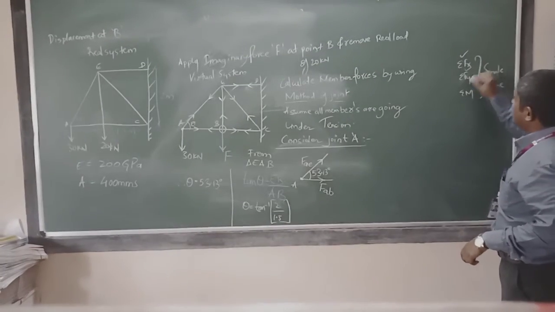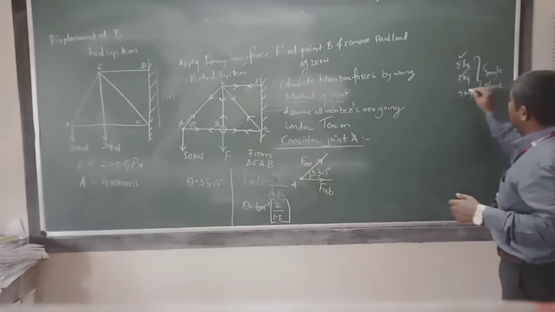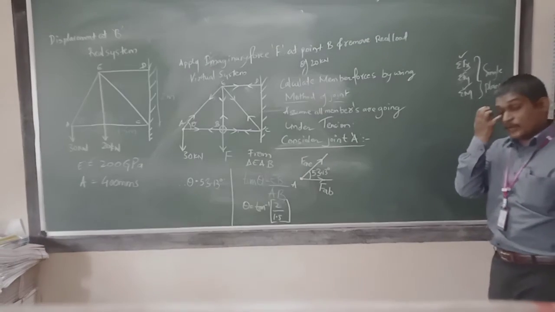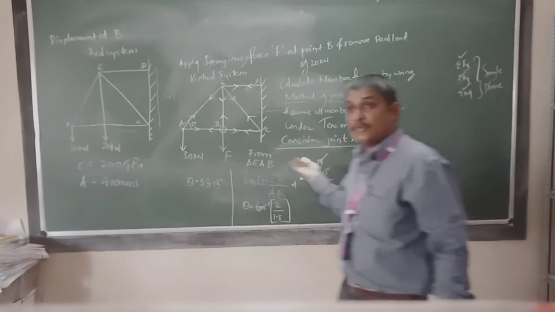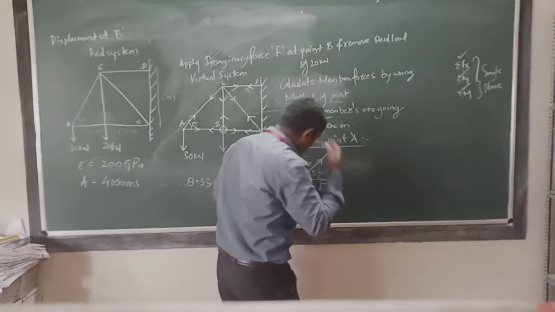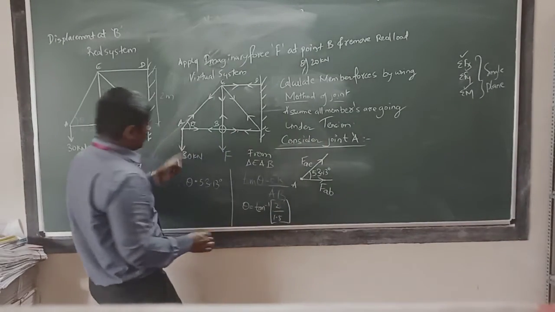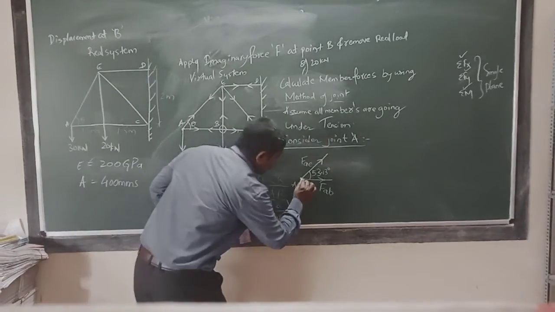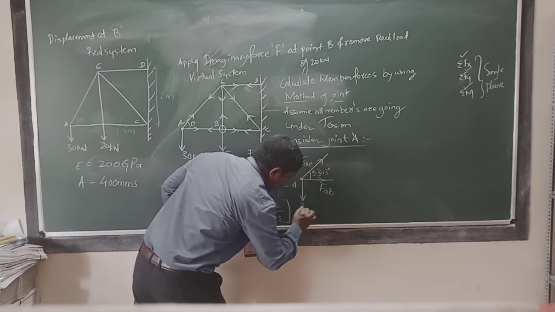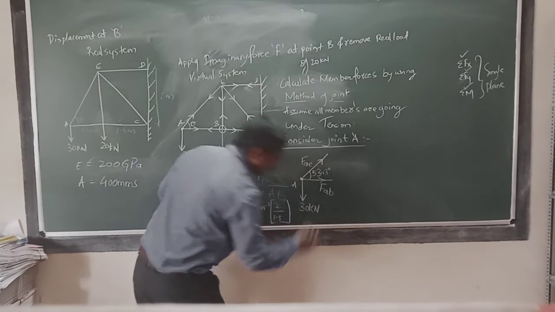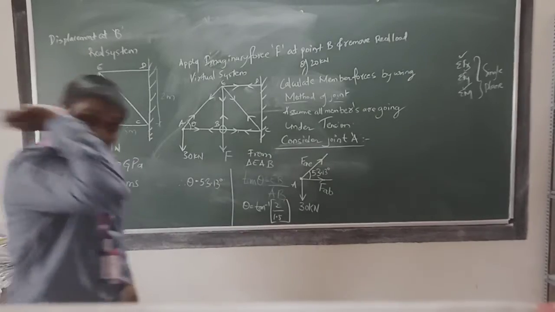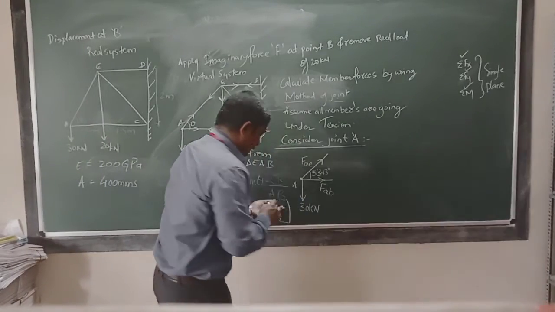You try with Fy. If you are still not getting it, then you go for the moment, and you will get the solution. Same here, one by one we have to apply. At joint A there is also a real load acting, which is 30 kilonewton.